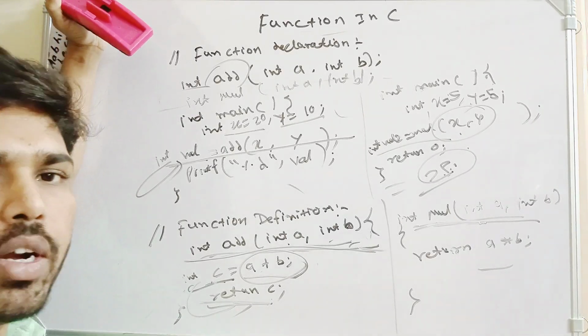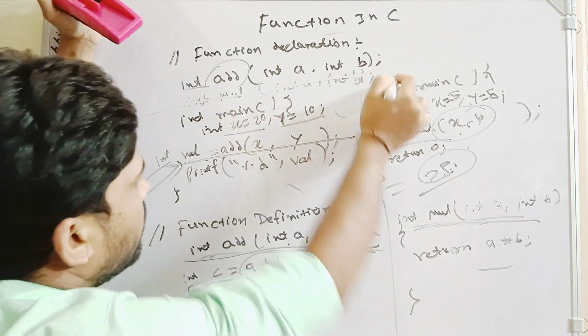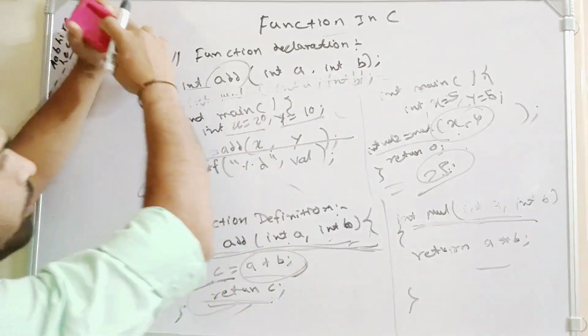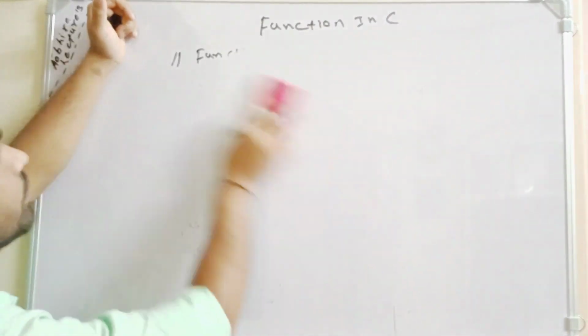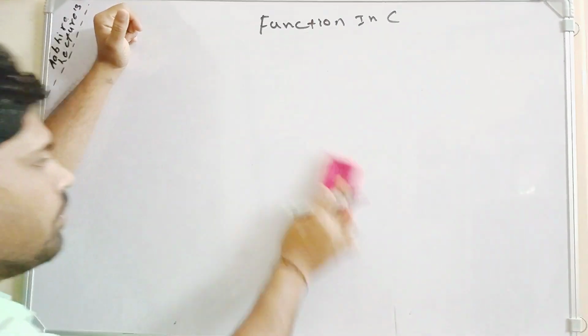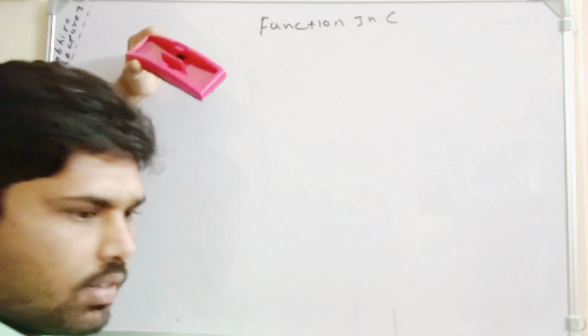Three things we have to keep in mind. Wait, I will explain once again. In a function, first it will check the declaration, which is in the .h library file.